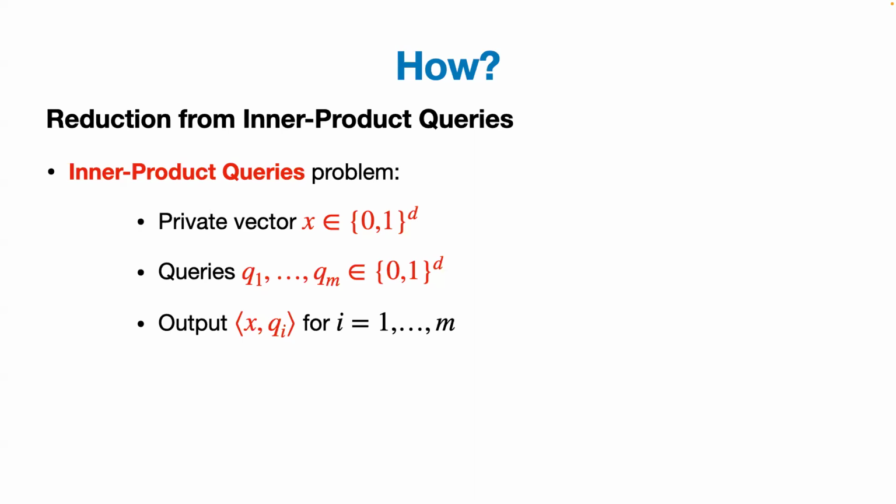And two instances of this problem are called neighboring if they differ in only one of the bits of the private vector. So the query vectors are not private at all.